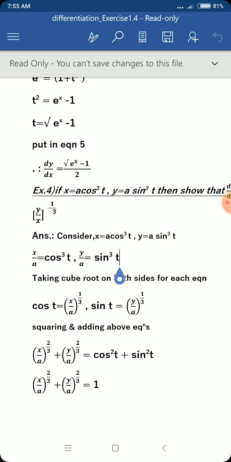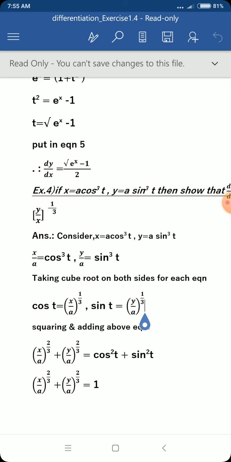Now rearranging the terms, we get x upon a equal to cos cube t and y upon a equal to sin cube t. Now taking cube root on both sides for each equation, we get cos cube t bracket raised to 1 by 3 equal to x upon a bracket raised to 1 by 3 and sin cube t bracket raised to 1 by 3 equal to y upon a bracket raised to 1 by 3.